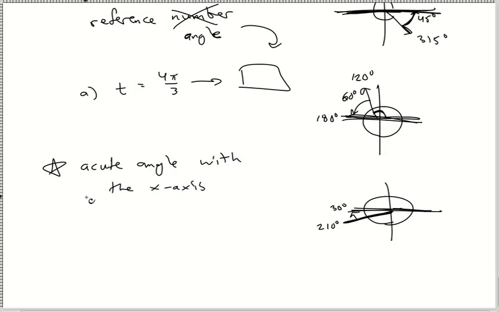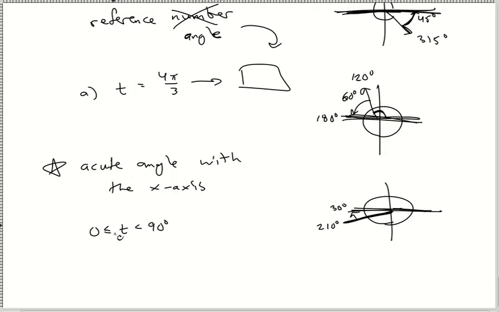Okay, I guess that's good enough. Acute means between 0 and 90. I guess I can use a t here to be more proper. Acute means between 0 and 90, and I'm just trying to make it back to the x-axis. I can go backwards, I can go forwards, I can do whatever needs to happen.